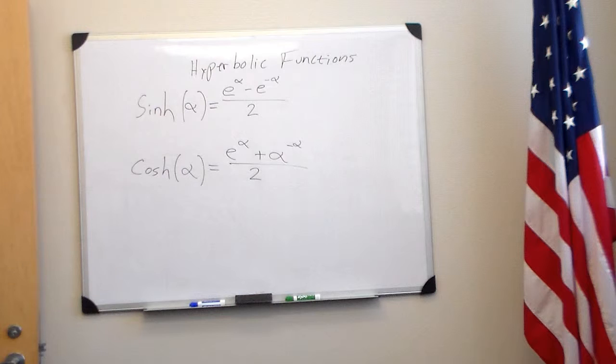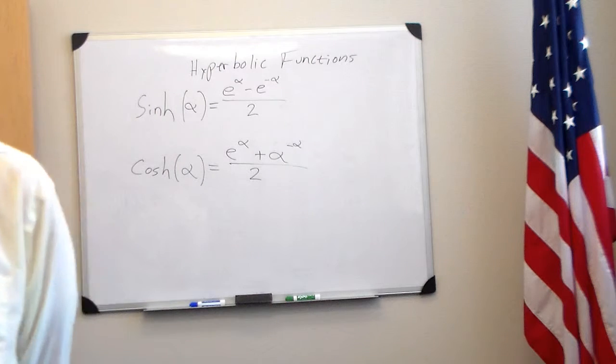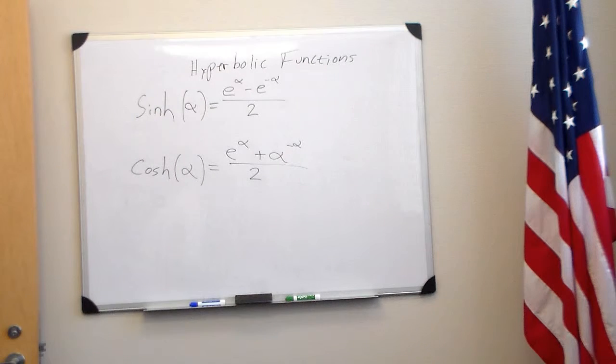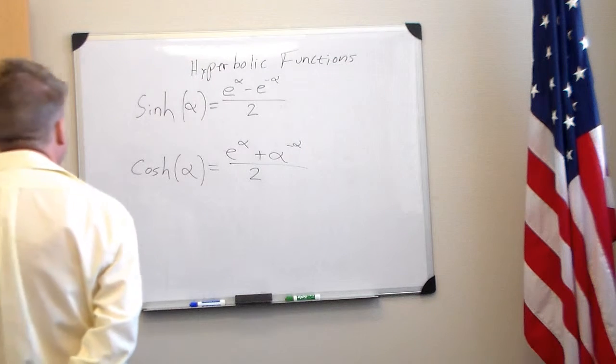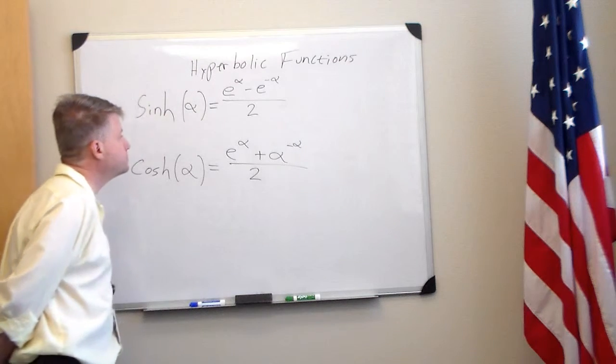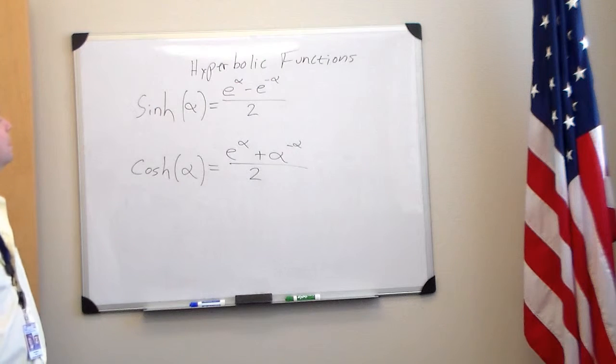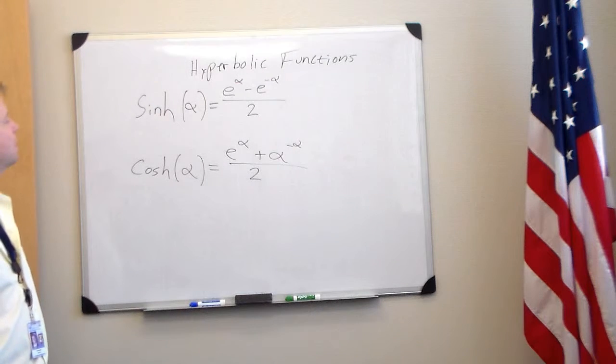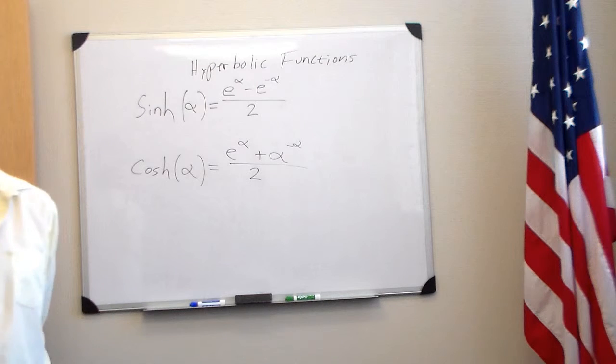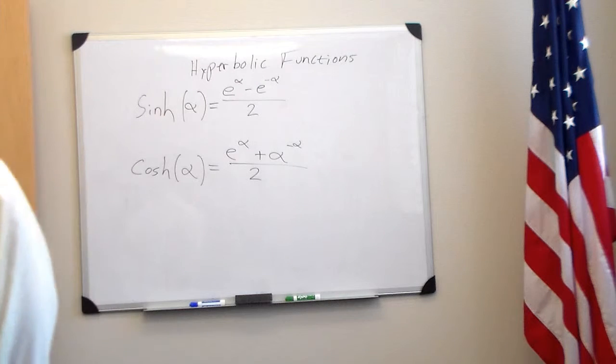Here's where, in high energy physics, in very high level theoretical physics, this comes into play. And I'm not even going to go into why or how it happens. I'm just going to tell you flat out.